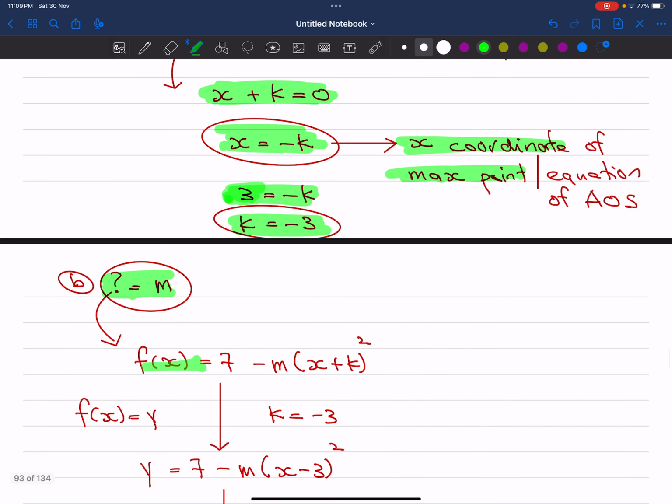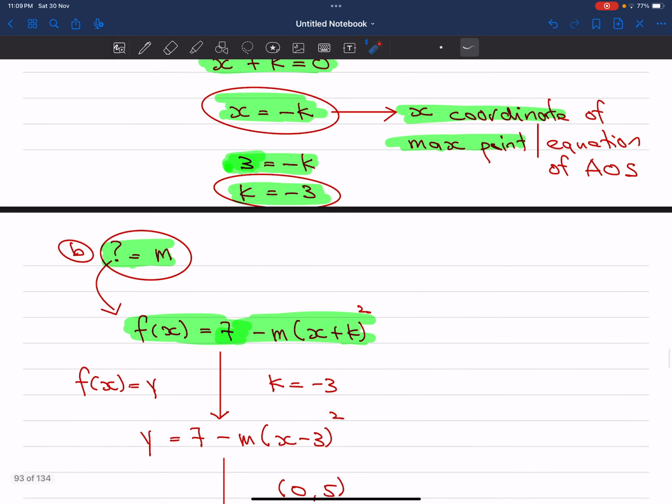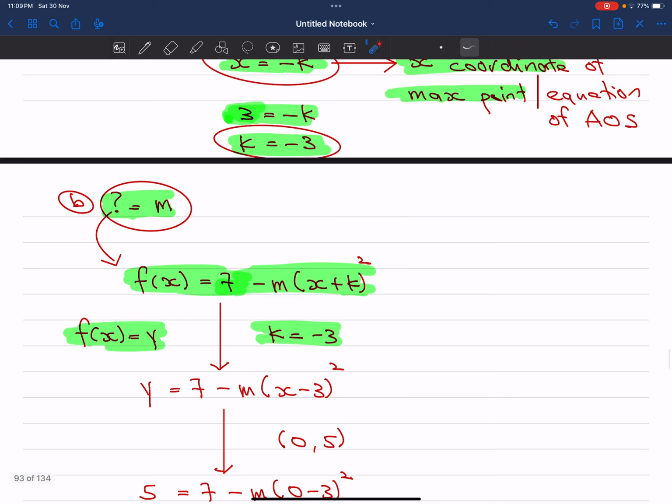I got the first answer. Second question, find m. Again, I go back to the function which has the m. And remember, f(x) is the same as y. And k was negative 3. So I substitute k with negative 3 and f(x) with y. The others copy back.